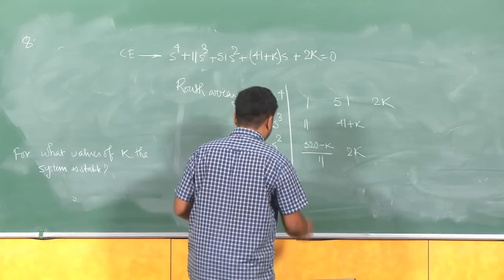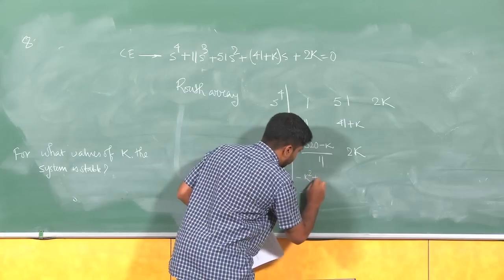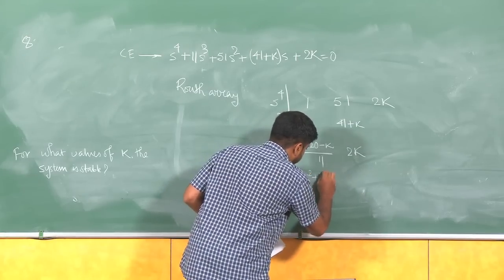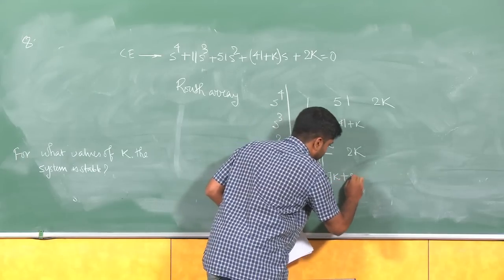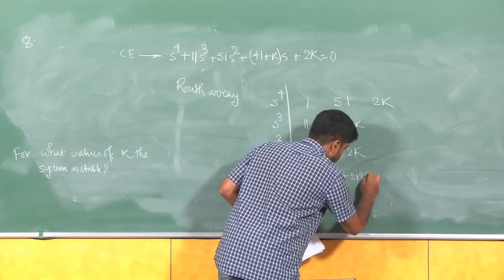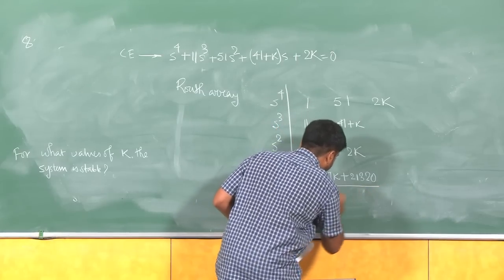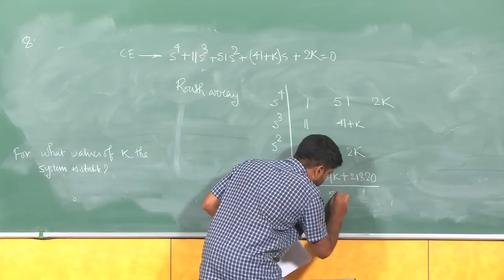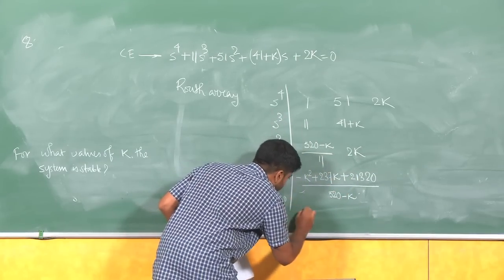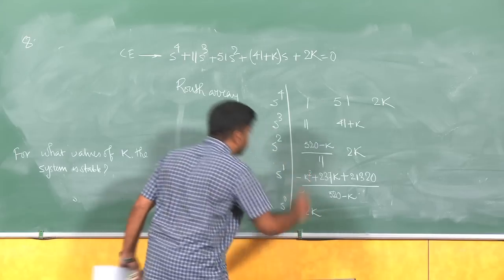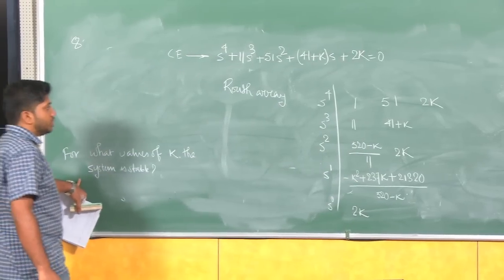S to the power 1 will be (minus k square plus 237k plus 21320) over (520 minus k), roughly. So, we have to find the values of k for which the system is stable.